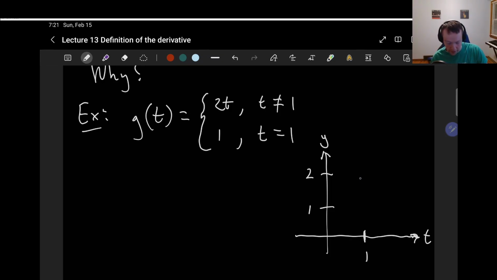So it looks like the line 2t almost everywhere, but we're going to have a hole at that point. Notice this one passes through the origin because it's just an mx form or mt form in this case. The y-intercept is 0.